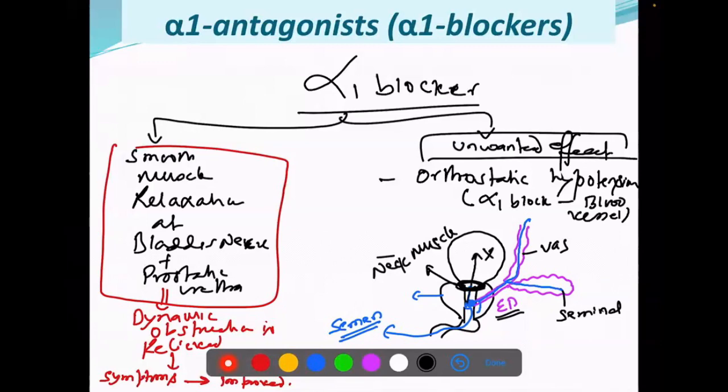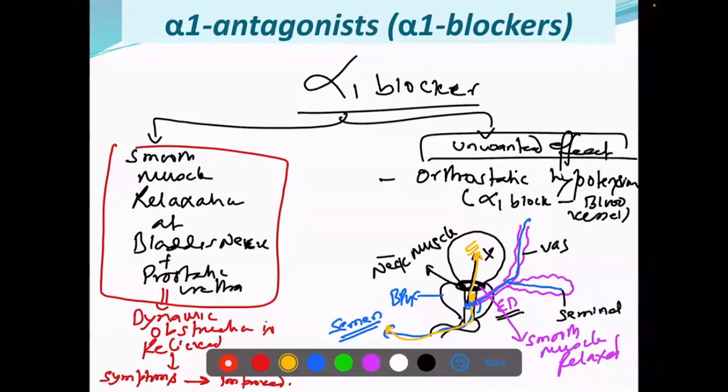But if you use a drug that is an alpha-1 blocker, which relaxes the smooth muscle, part of the semen will go back into the bladder and part will come out. This is known as retrograde ejaculation, that is, going towards the bladder, but there is no problem in sexual activity.